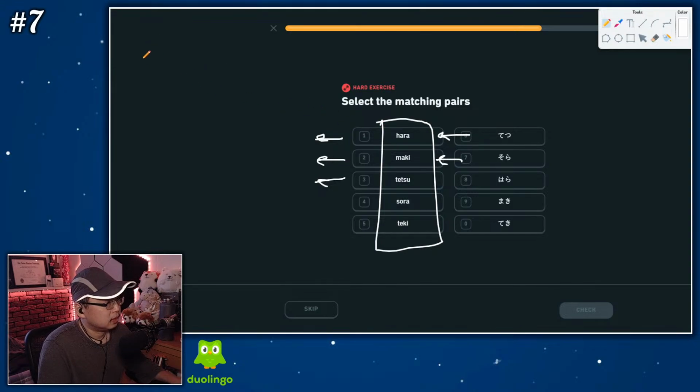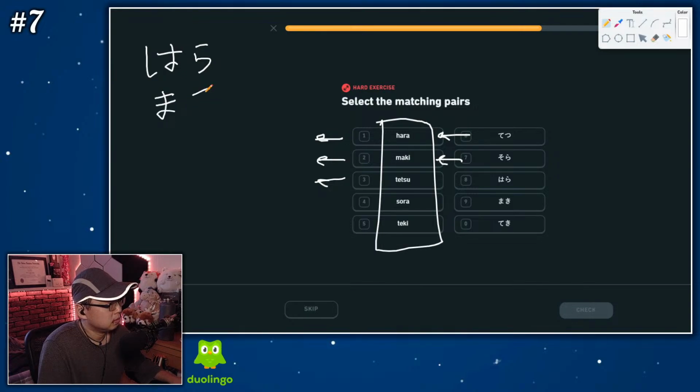So let's go hara, ra, and then maki. Oh, I already did all these on the side, but we'll do it again just for practice.